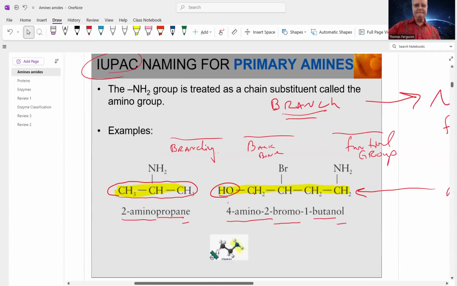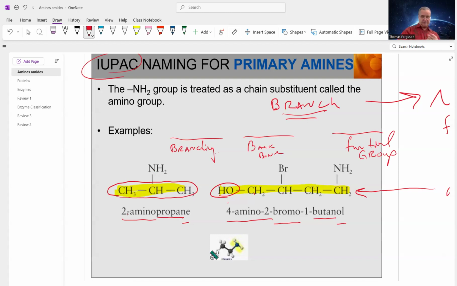Now, as far as non-common names, using IUPAC, we're going to use the NH2 as a branch. So in this case, the backbone is going to be propane, a 3-carbon backbone, and the NH2 is on carbon number 2. So it's not going to be the main deal.